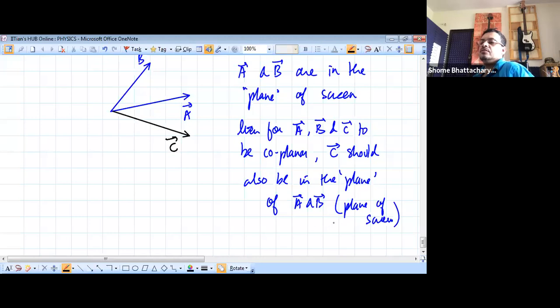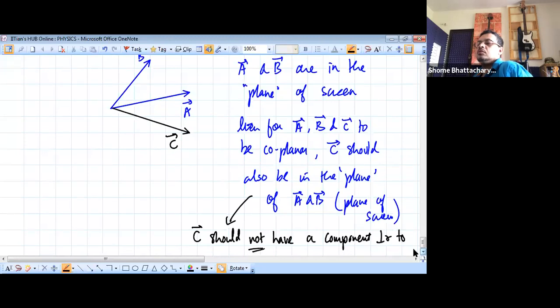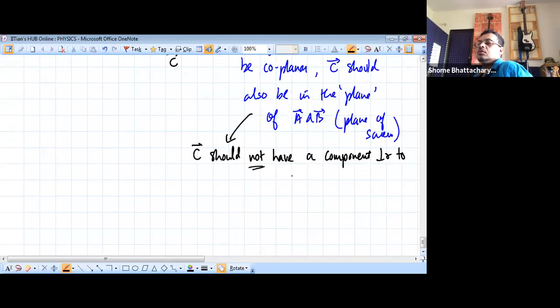C should not have a component perpendicular to the plane.